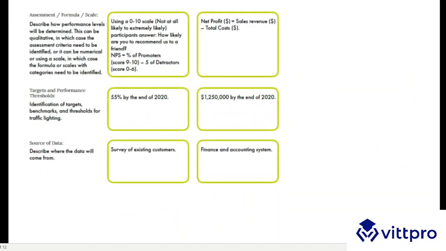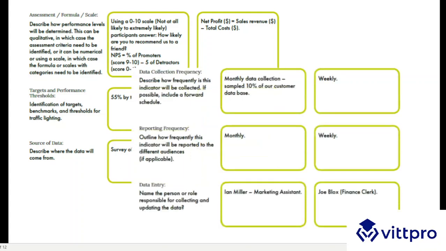So when you are defining the data, you are making it clearly understandable how you're going to monitor it, what the measurement is going to be, who is going to measure it, how it will be collected, and how often it will be collected. For example, this example is saying we will collect it weekly.